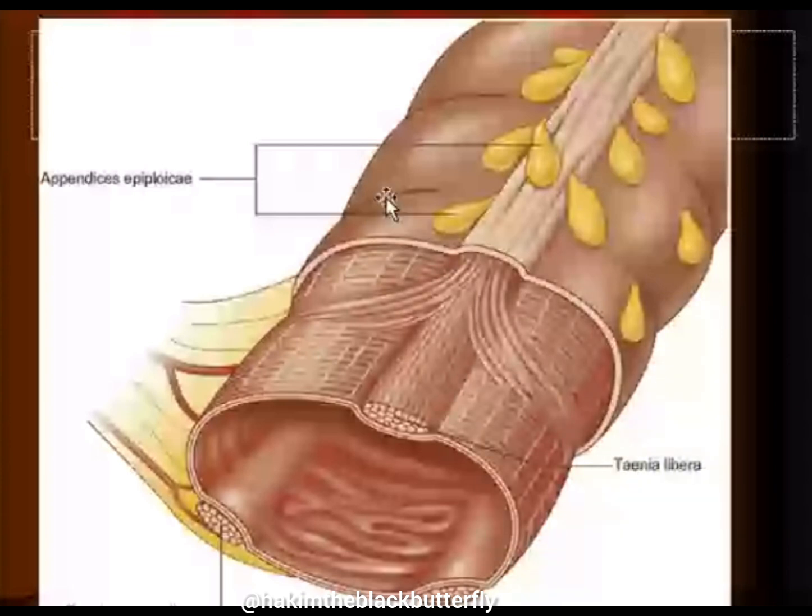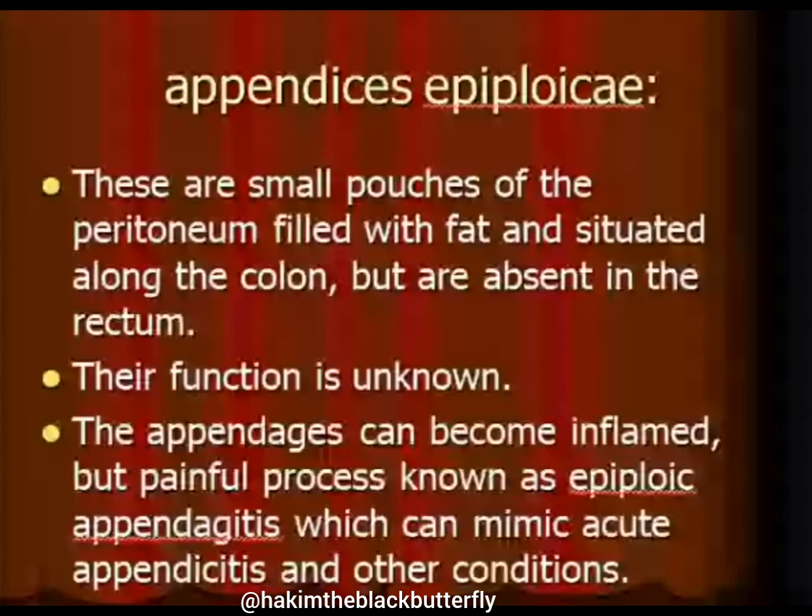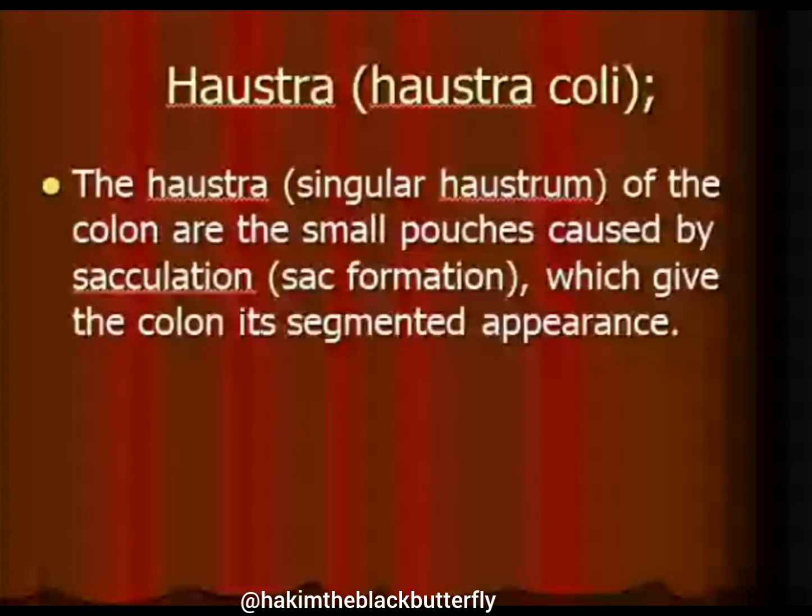Now, these sac-like structures which make the wall of the large intestines rough, these are known as haustra or sacculations because of the contraction of the longitudinal muscle layer. All these are histological differences which distinguish the large intestines from the small intestines.